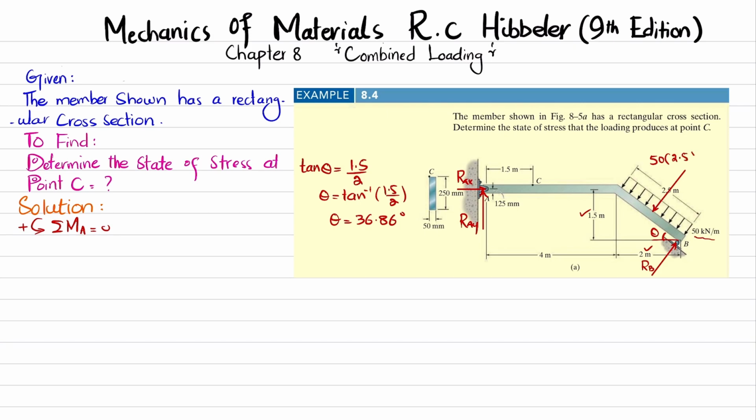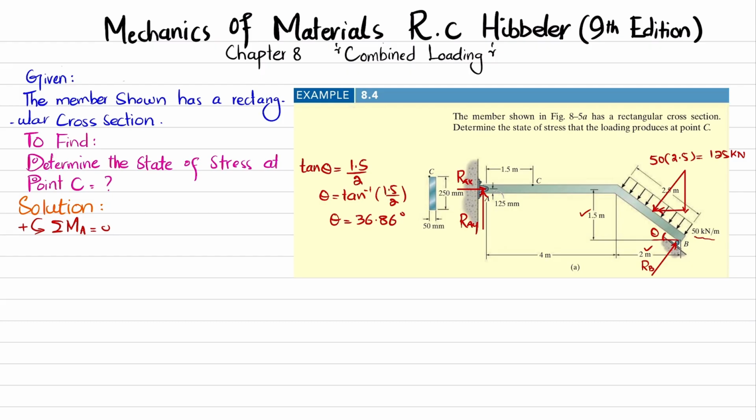So we will get it 125 kilonewton. Now you can see that this member is making theta degree with the horizontal. Clear? I will resolve it into rectangular components. This will be its vertical component, and this will be its horizontal component.